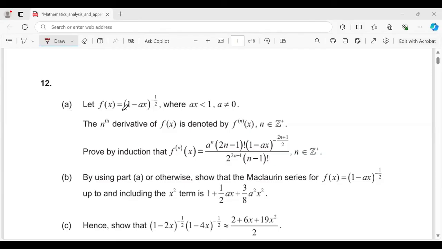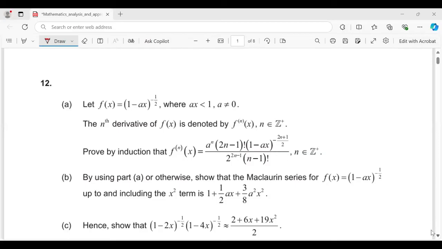A, let f(x) equals 1 minus ax to the power minus half, where ax less than 1. The nth derivative of f(x) is denoted by f^(n)(x). Prove by induction that f^(n)(x) equals a^n times (2n minus 1) factorial times (1 minus ax) to the power minus (2n plus 1) over 2, over 2^(2n minus 1) times (n minus 1) factorial.